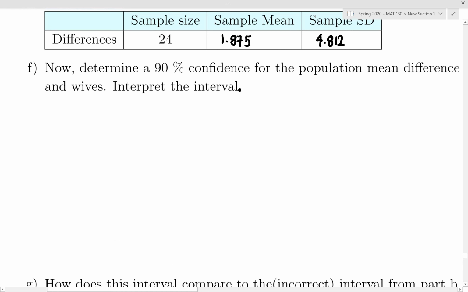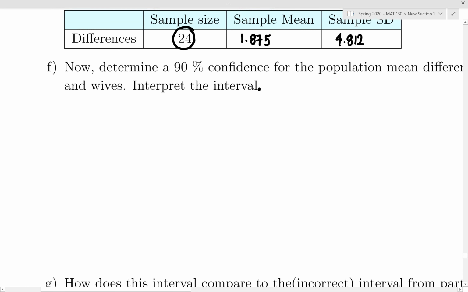The first thing is the degree of freedom for a one mean t-test is a lot simpler. What is the degree of freedom? If our sample is 24 and we're doing a one mean t-test, what is our degree of freedom? Well, our degree of freedom is going to be exactly 23. All right.